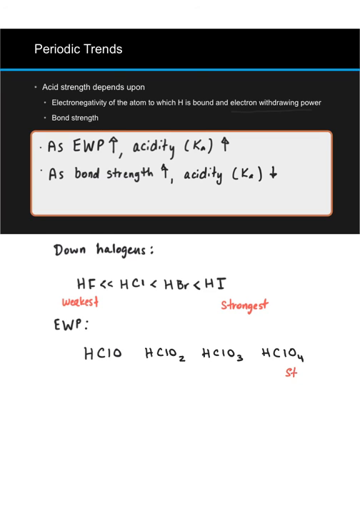We're going to say that HClO4 represents the strongest acid of this bunch because it has the most oxygens in its chemical formula, whereas hypochlorous acid represents the weakest. And these rank in order as they're written. Chlorous acid is stronger than hypochlorous, chloric is stronger than chlorous, and perchloric is much stronger than any of the others.